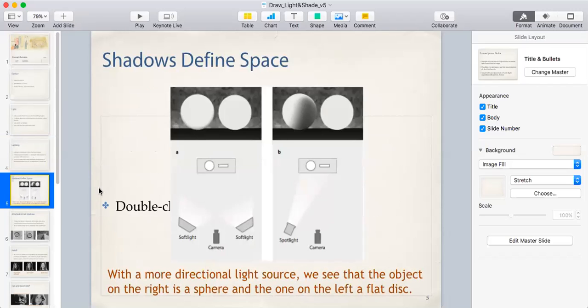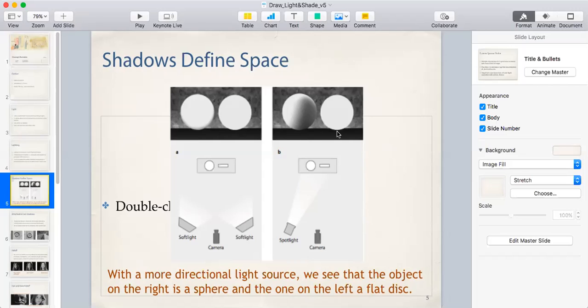This picture can help us to further elaborate how the light and shadow can define the space. For the first picture on the left, you will see that there should be 2 spheres. We have 2 spotlights pointing to the spheres, but the light is very strong, so it makes the spheres look rather bright and flat, like shadows, like circles.